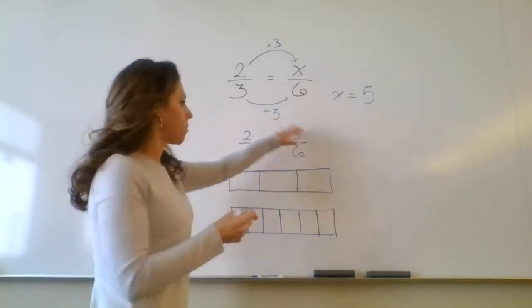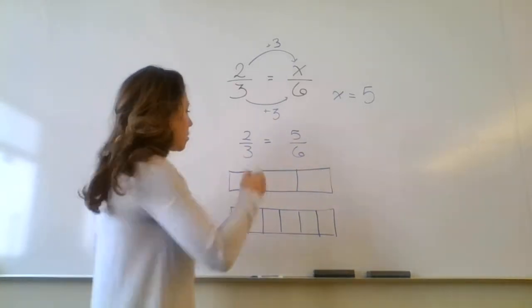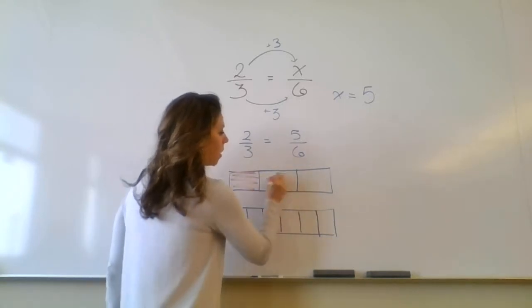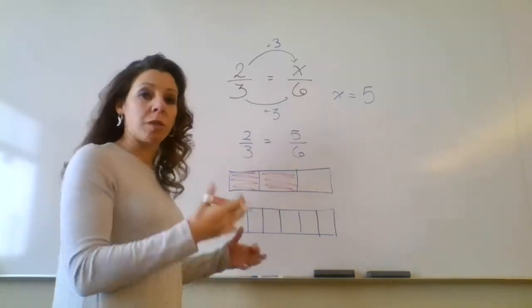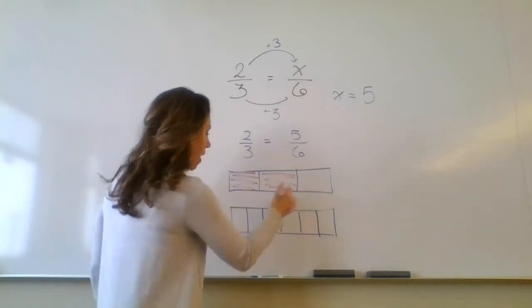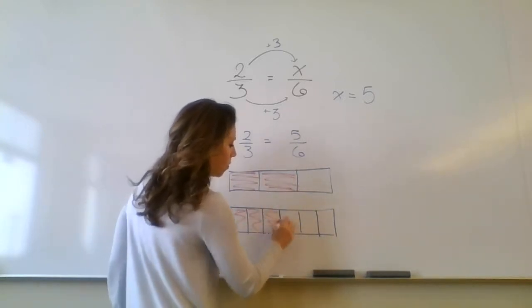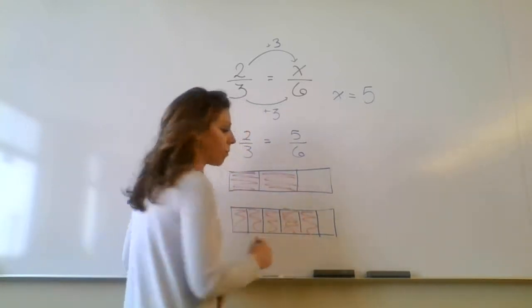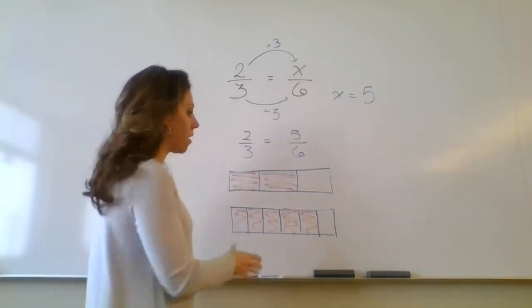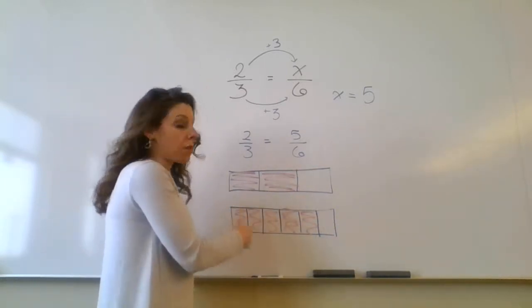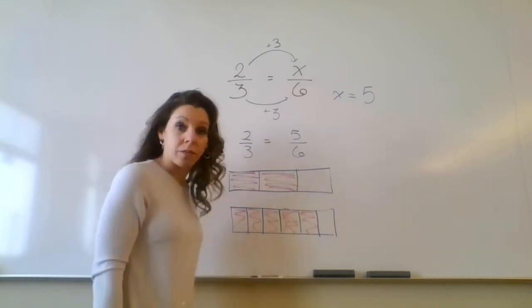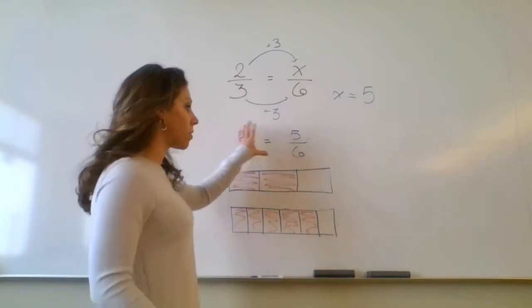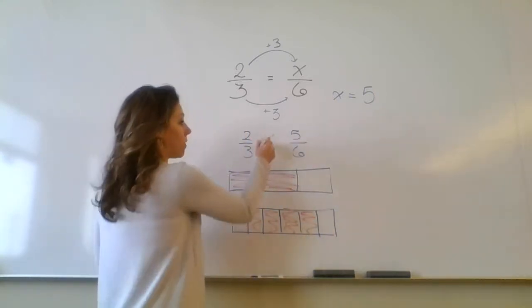So this ratio would say that 2 of the 3 equal parts would have to be equal to 5 of the 6 equal parts down here. And from this model, we can recognize that these are not equal. There is an extra space right here, so 2/3 is not equal to 5/6.